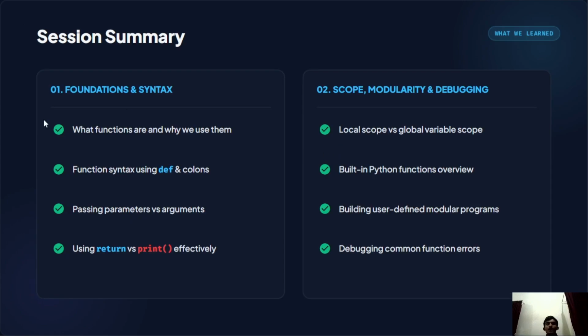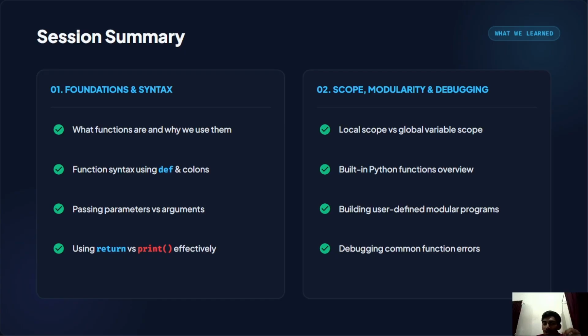Now moving on to the session summary, let's quickly revise what we have learned today. We have learned what a function is, how to define a function using the word def. After that, we learned how to call a function, parameters, arguments, multiple parameters, then the return statement. After that, we saw the difference between the print statement and the return statement.